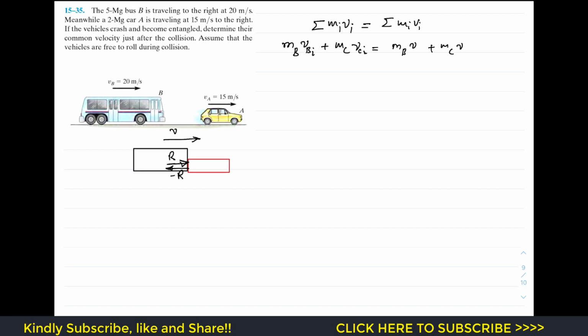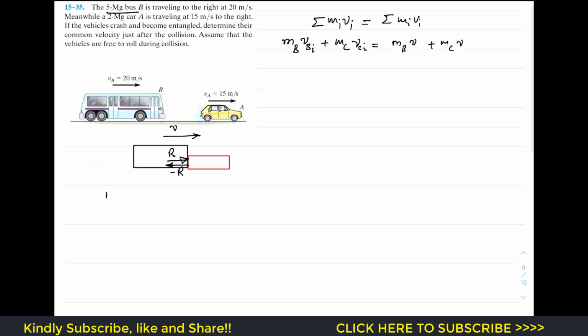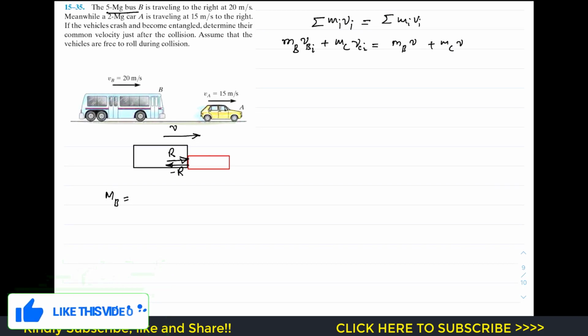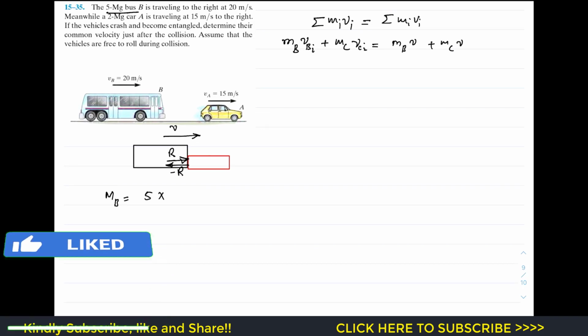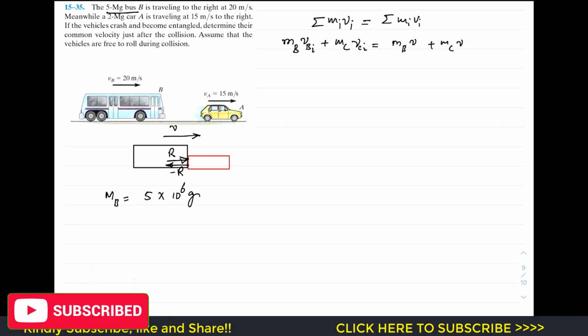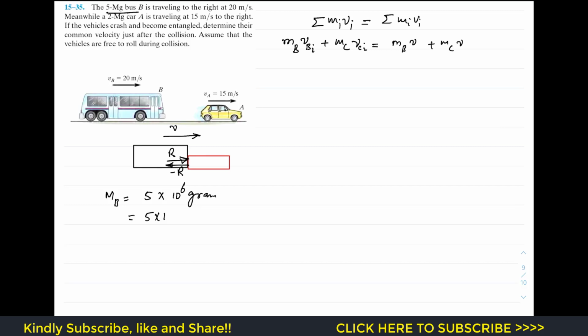If I put those values, the mass of the bus is 5 megagram, right? Mega is 10 raised to the power 6 grams, and in kgs we can write that this is 5 into 10 raised to the power 3 kgs.